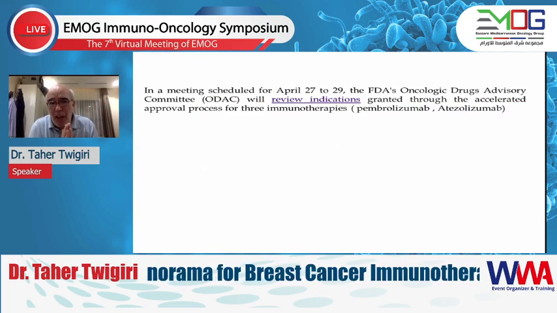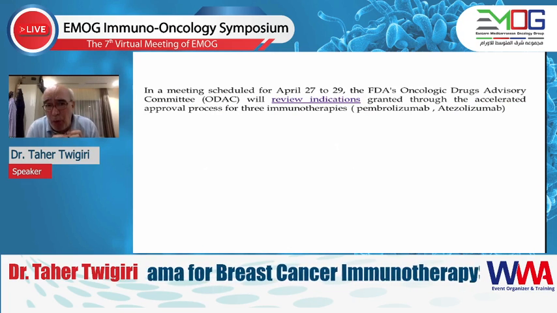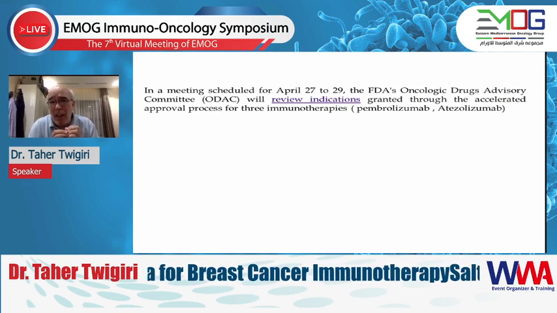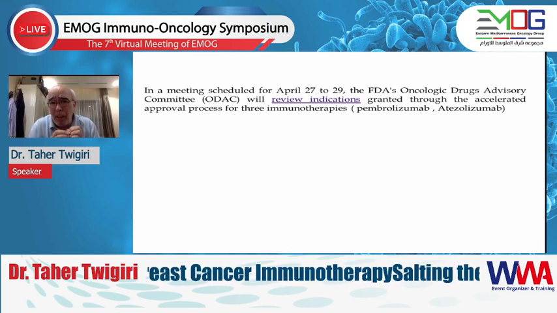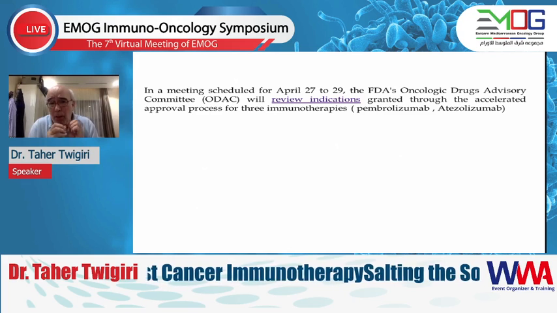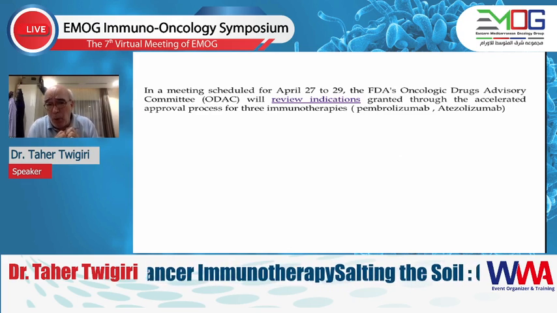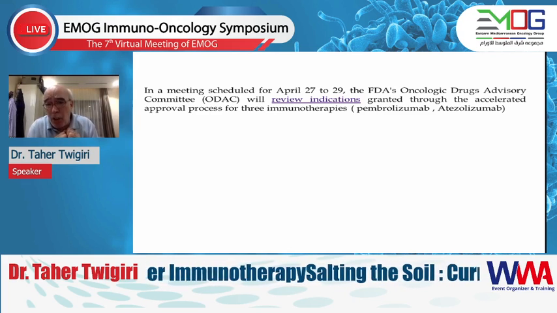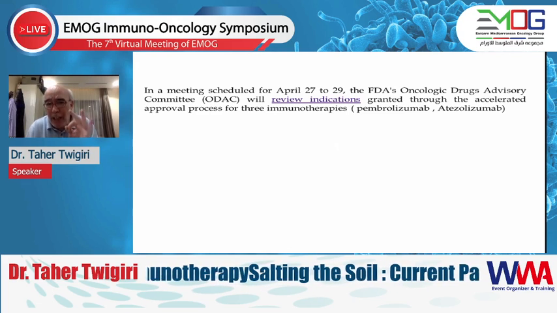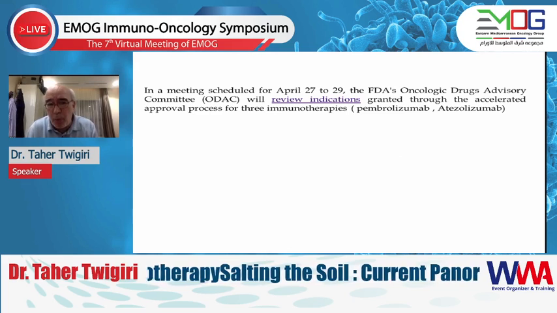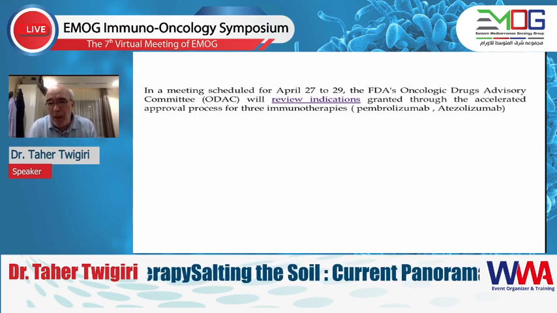According to this, there is a meeting, and every one of you is going to attend, and I'm going to send this information to Dr. Ahmed when it comes, because I am part of this. On April 27 and 29, the FDA Oncology Drug Advisory Committee will review the indication granted through the accelerated approval process for 3 immunotherapies.